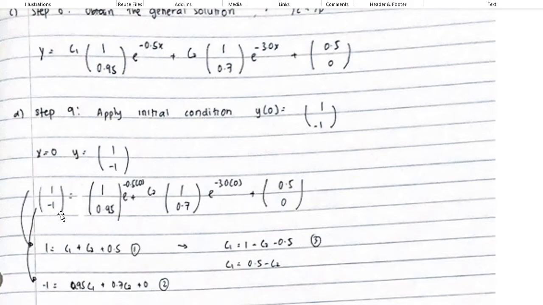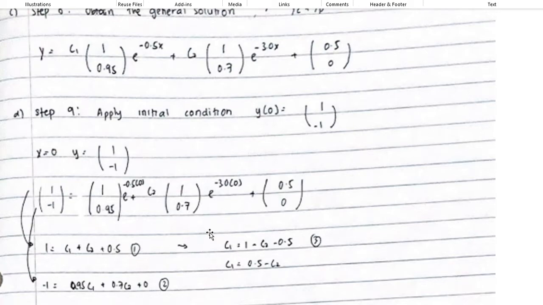So for equation 2, this part, the lower one, will be equation 2, and this part I take the equation from 1 and put the C1 in front.